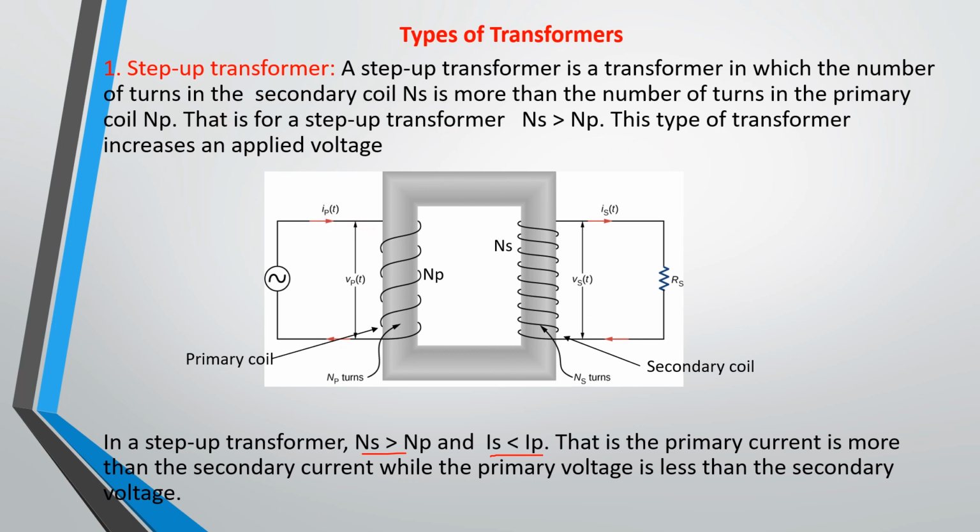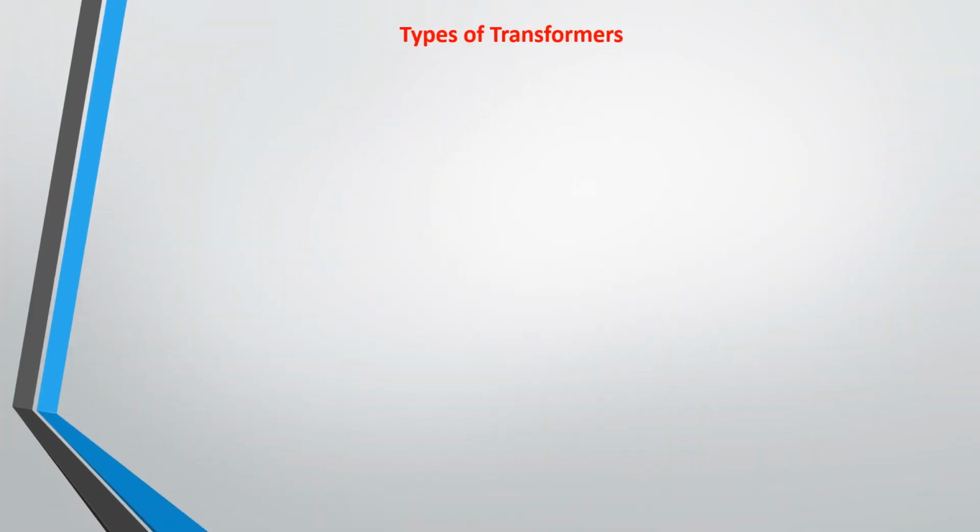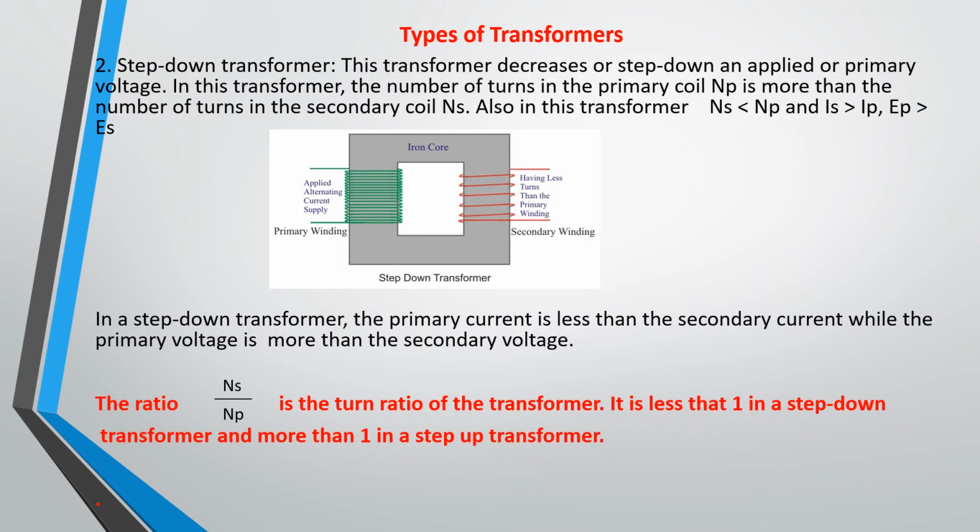Then the other transformer is a step down transformer. For a step down transformer, the number of turns in the primary coil is more than the number of turns in the secondary coil.